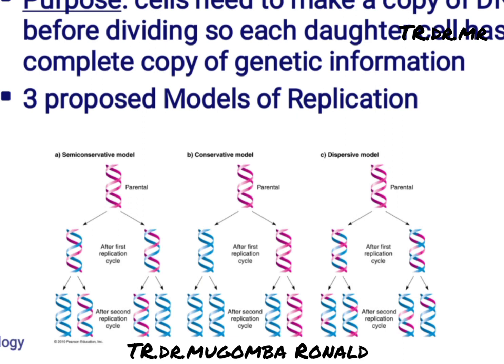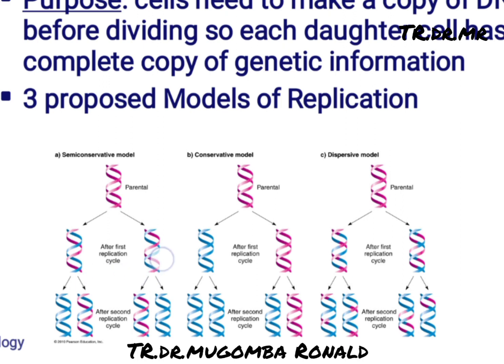As you can see clearly here, this was the parent DNA which unwound, and then we formed daughter strands. In the second generation, you can see that the DNA is made up of both the parent strand and the daughter strand, and so on and so forth.